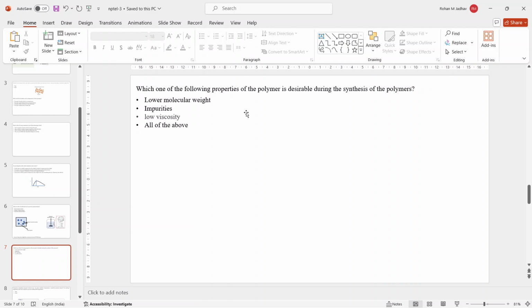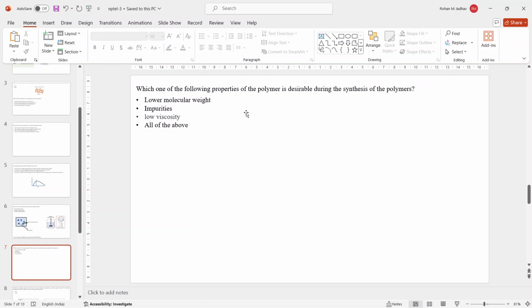Next, we have the impurities. What happens in the impurities is that we do not want impurities. That is again undesirable in the sense that while the polymerization reaction is happening, we do not want any impurities because that might create defects in the polymer or it can hinder the polymerization process altogether. So that in itself will create a problem.